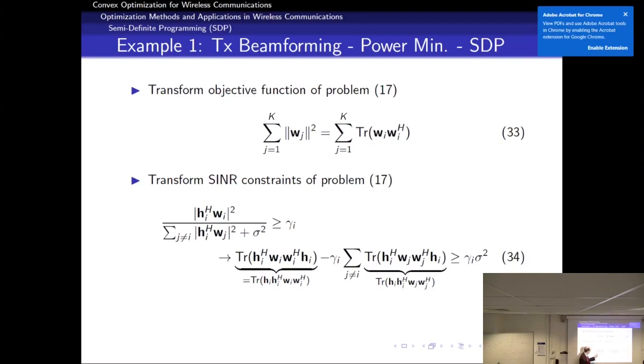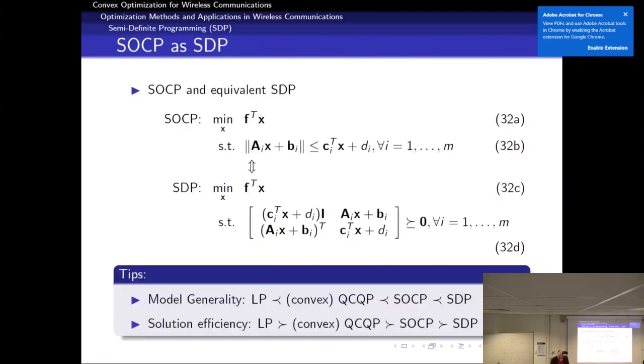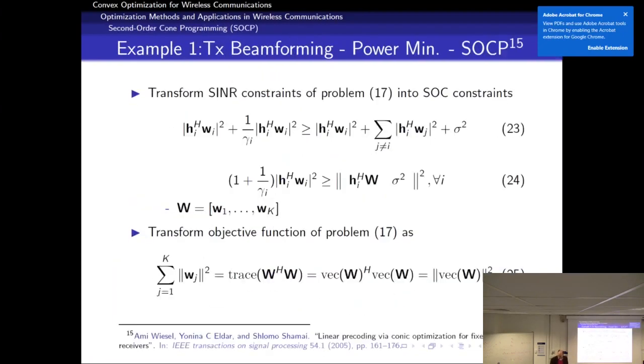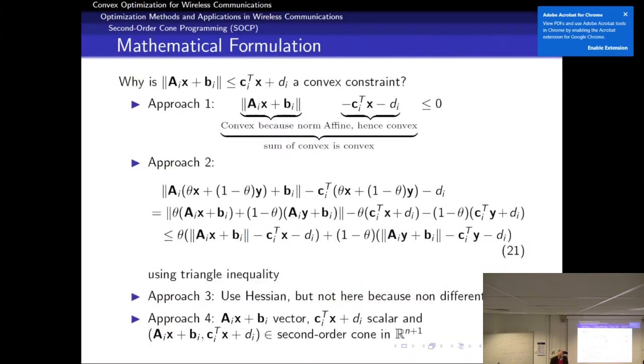I have now a trace of this quantity, and I do the same now for the denominator. You remember what we were saying before? This kind of constraint is typically non-convex, because it is a quadratic form minus another quadratic form. It is the same problem as before.